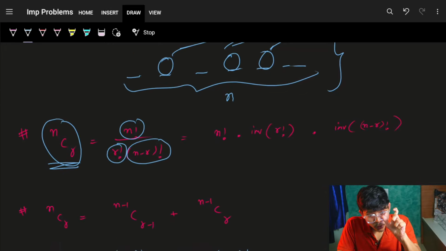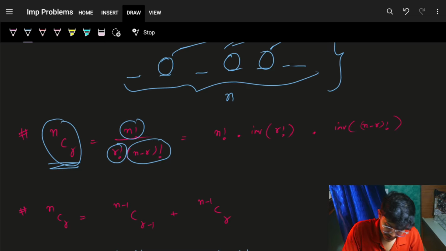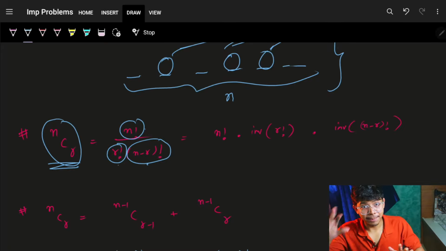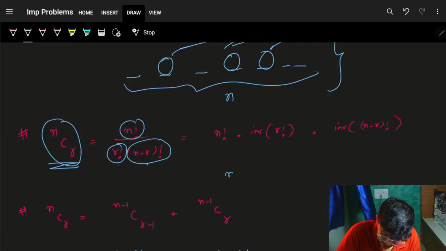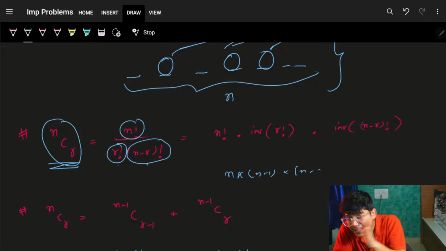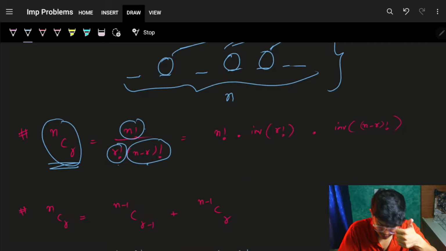Cool. To compute this NCR in computer science, you have two formulas. The first is n factorial upon r factorial into n minus r factorial. There are many ways, but we know how to find a factorial. It's nothing but n into n minus 1 into n minus 2 and so on. Multiplication can be done in computer science, so that I can do for sure.